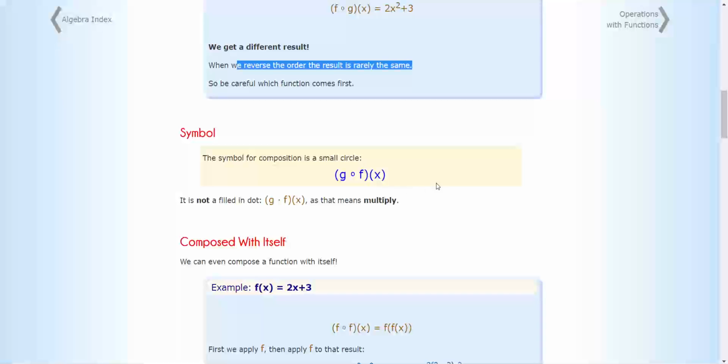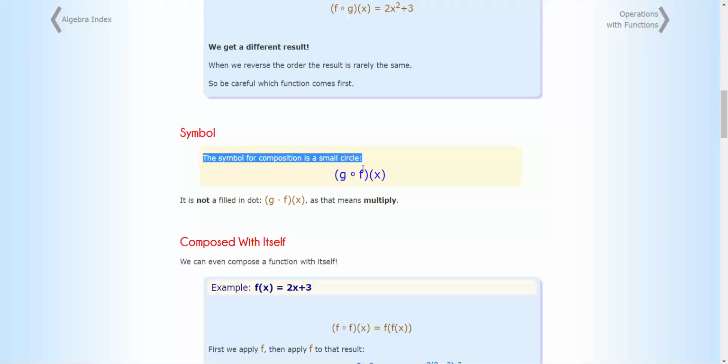The symbol for composition is a small circle. It's not a filled-in dot, as that means multiply. I thought it would have some weird name like delta or whatever, but it's good that composition is denoted by a small circle.